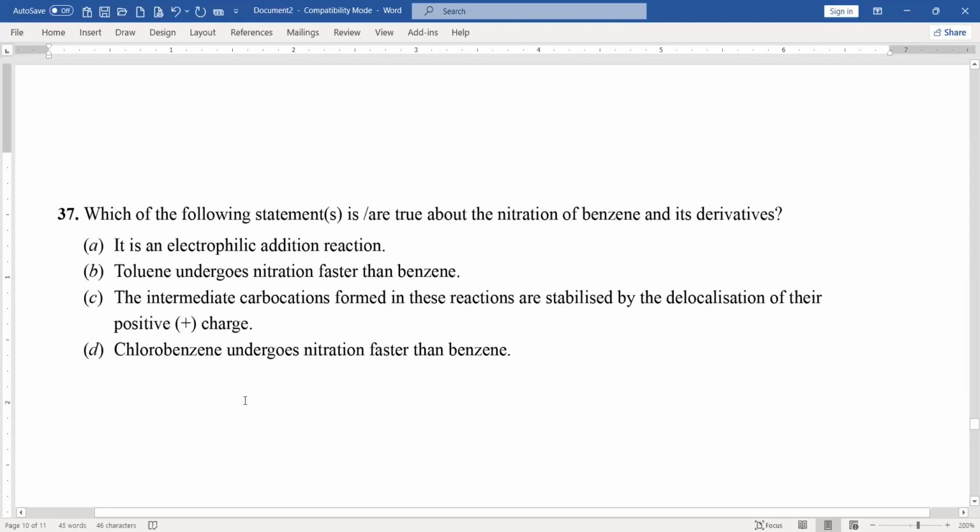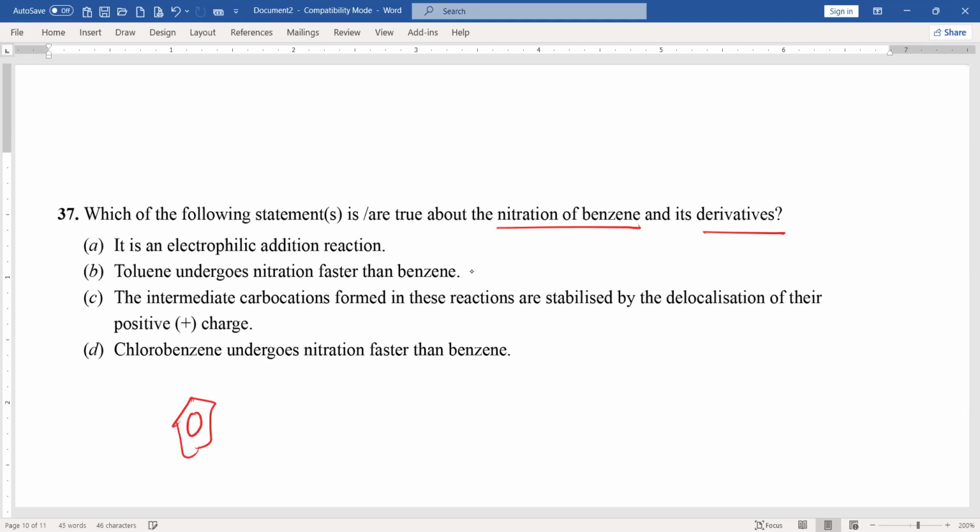Which of the following statements is true about the nitration of benzene and its derivatives? Nitration of benzene and its derivatives is an electrophilic addition reaction.